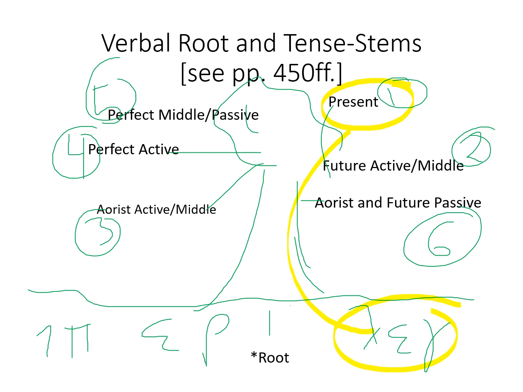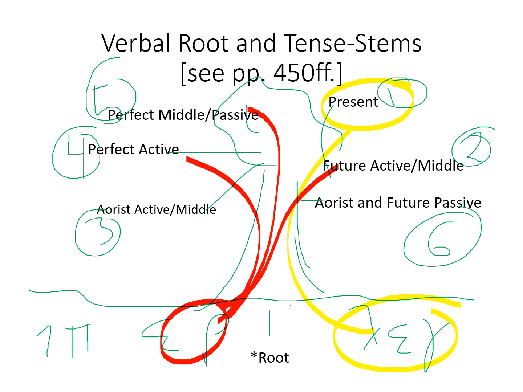That second column over, the future active indicative, uses er. Right here. So here we go to the future, and that is the same for the perfect active and perfect middle passive. Ip is used just by the aorist active and middle there, that third column.